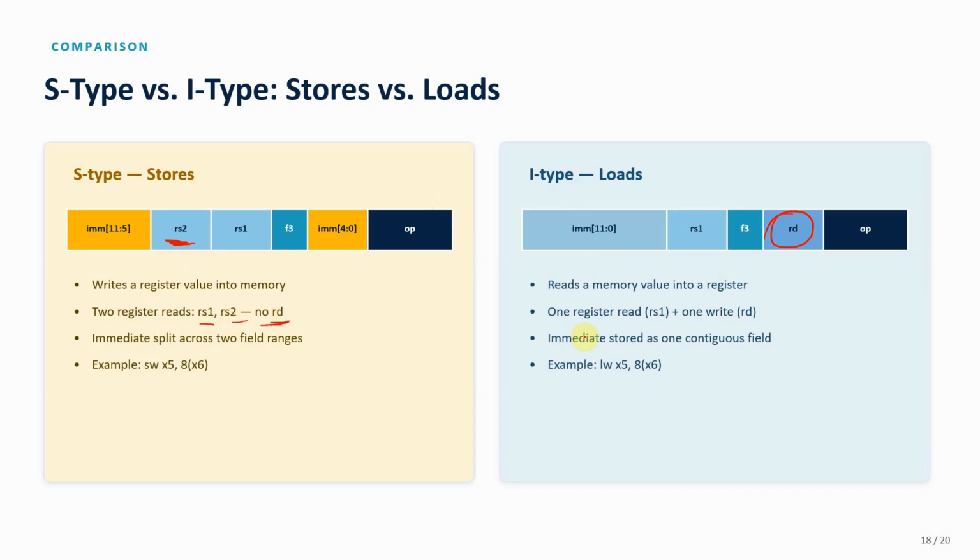In the case of my I-type instruction, I'm going to have only one register read, which is my RS1, and one write, that is my destination register. So in the I-type instruction I have one read and one write, whereas in the S-type instruction I'm not going to have any write operations into my registers. I'm going to have only read operations.